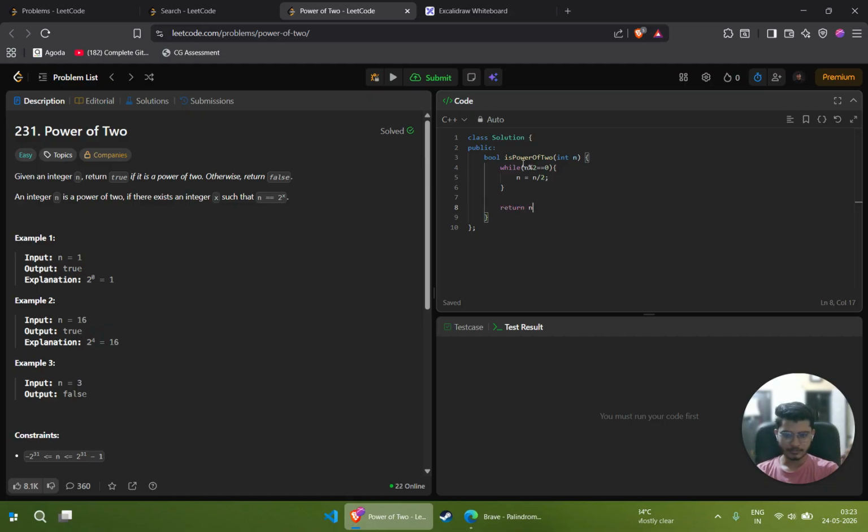Here we will check if n is equal to 1 or not. And one more thing, we will need to discard the negative numbers also.